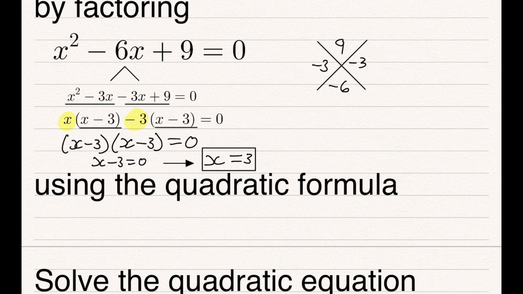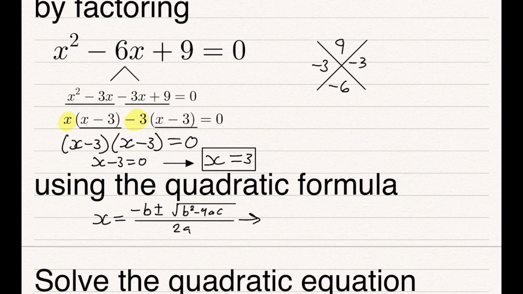Again, this matches what we found when solving using graphing. So now we're going to solve using the quadratic formula. To do this, all we have to do is plug in our known values.